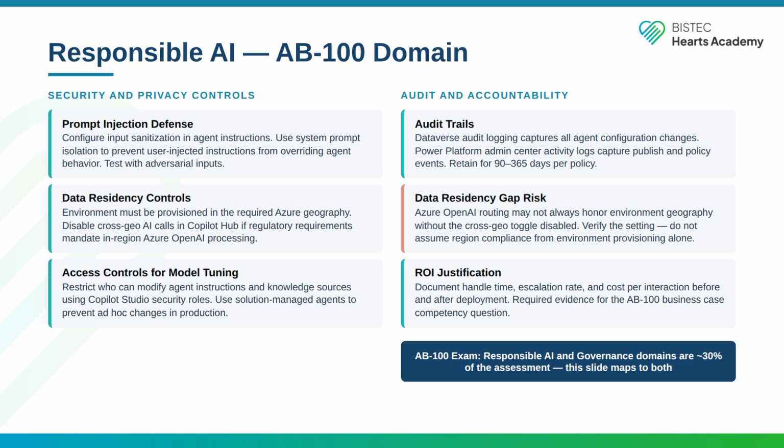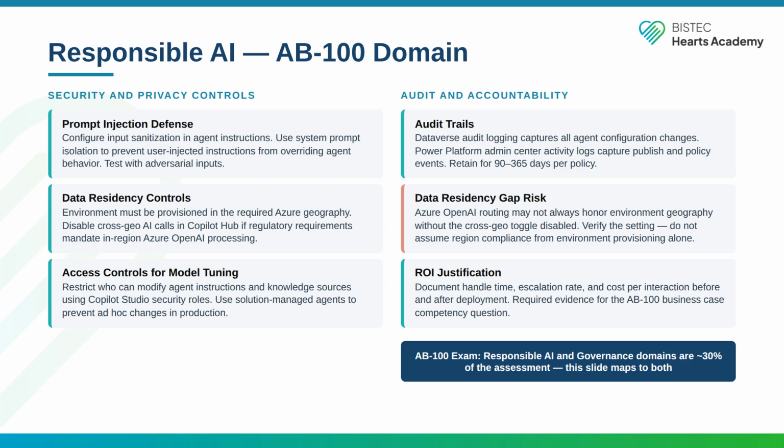System prompt isolation prevents user-injected instructions from reaching the model's context in an authoritative role. Both controls must be configured and tested with adversarial inputs before production deployment. Testing with variations of instruction override patterns, inputs that attempt to redirect the agent, reveal its system prompt, or bypass its scope, should be part of every pre-deployment validation checklist.